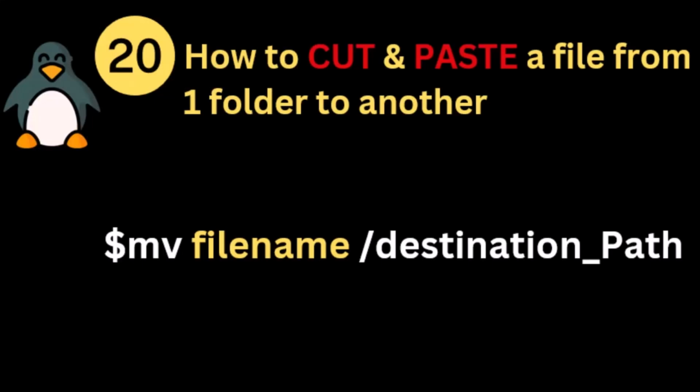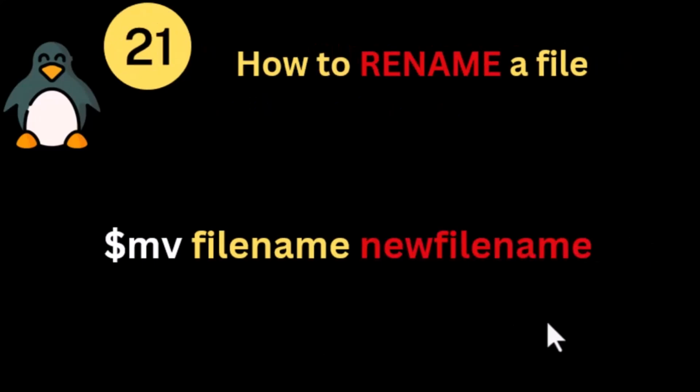Now, moving ahead, we have command number 21, that is how to rename a file. There is no separate command to rename a file, although we use the move command in order to rename a file. The syntax for that is mv file name and then new file name.